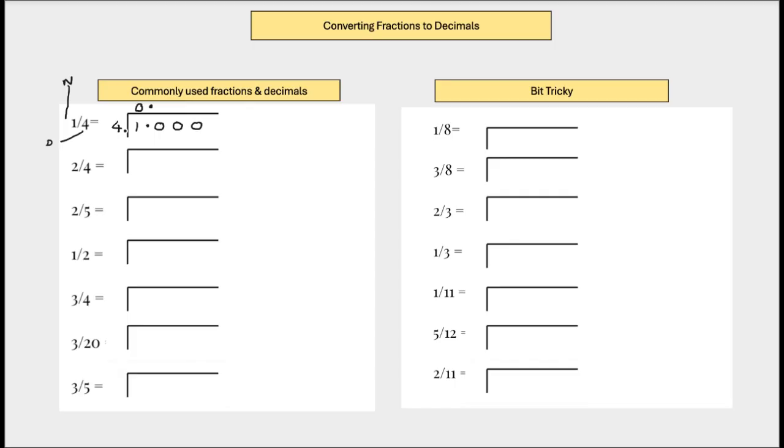So 4 into 10, because we've carried that one on just twice. What's left? 2. And 4's into 20 go 5 times. So we know that 1/4 equals 0.25, sorry.